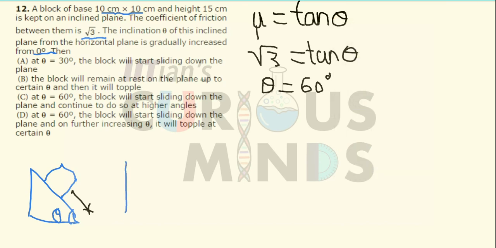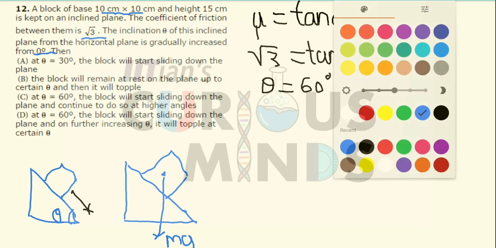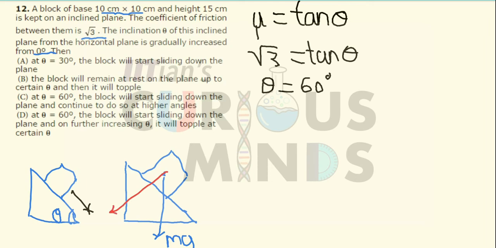Now let us consider the second case, when the body tumbles. What is the condition for tumbling? If I consider the body, there will be mg along this direction, at the center of mass. I can divide it into two parts: mg cos theta and mg sin theta.